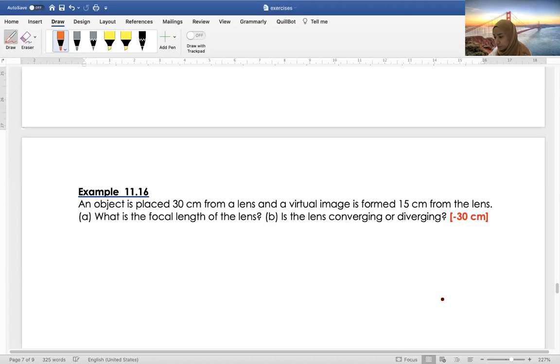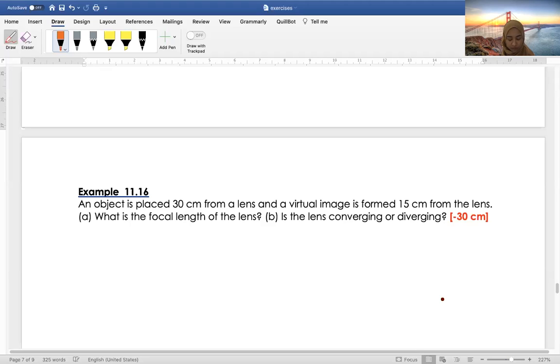Is that the same for the lens? For lens, it's if it's greater than the focal point.